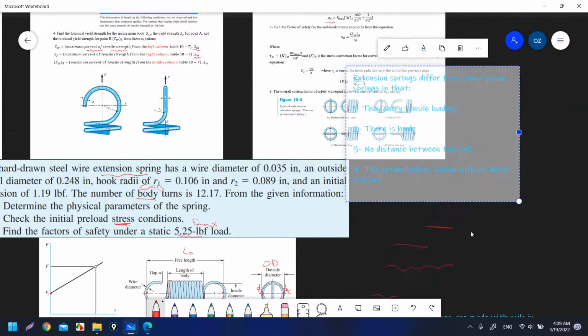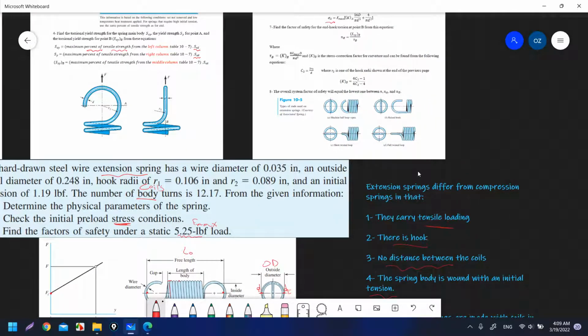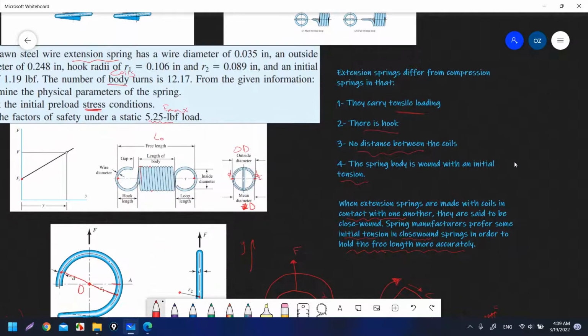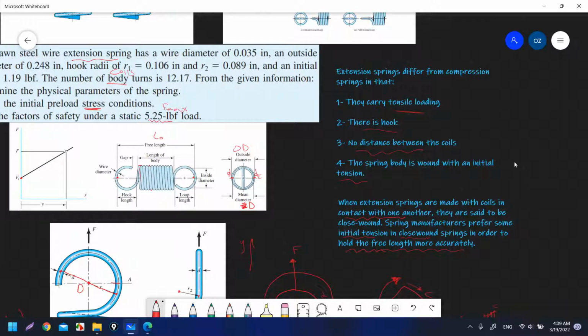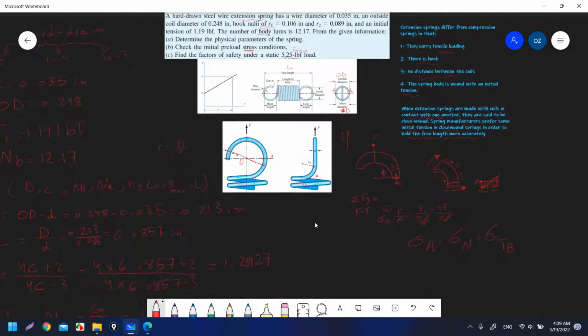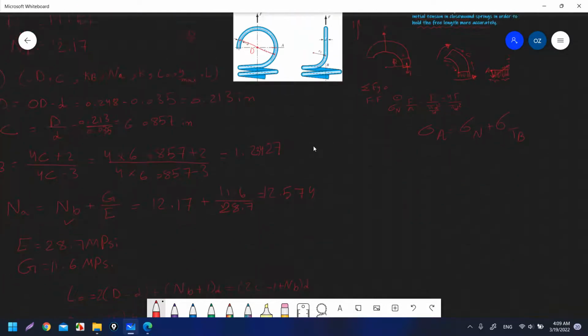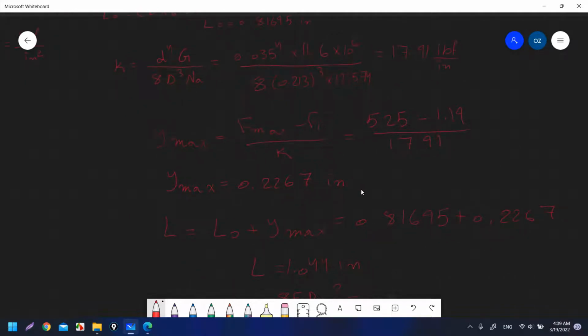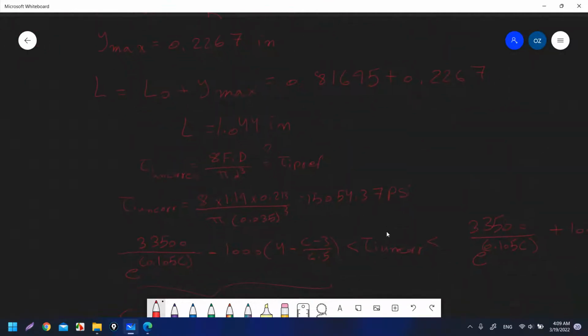At the end, the overall factor of safety will be the minimum between them, because the minimum means it will fail first. The stress is nearest to the strength and will cause a failure first in the spring. So if the question asks for the overall factor of safety, it will be the minimum between them.